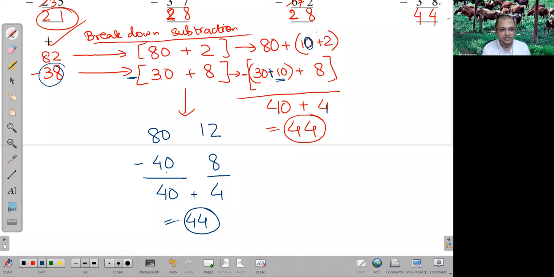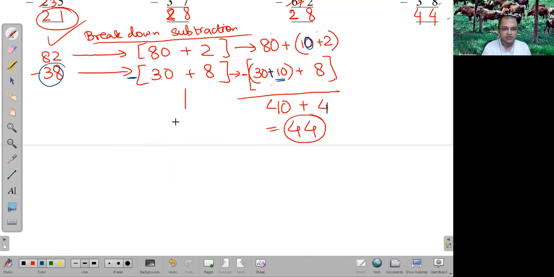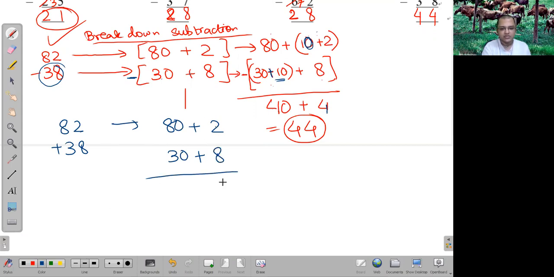And this is how addition also works. See, for example, if I have to add 82 plus 38. So what is happening inside is 80 plus 2 and 30 plus 8. Now 8 and 2 is 10. Let's write here 10. 80 plus 30 is 110. When you add 110 plus 10, what will you do with this one?